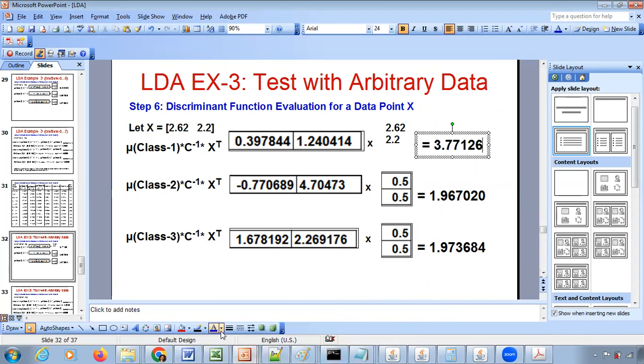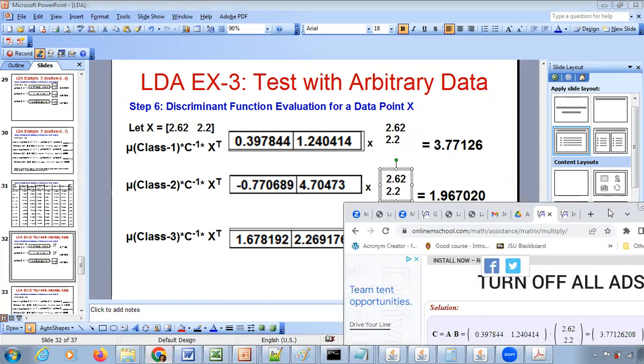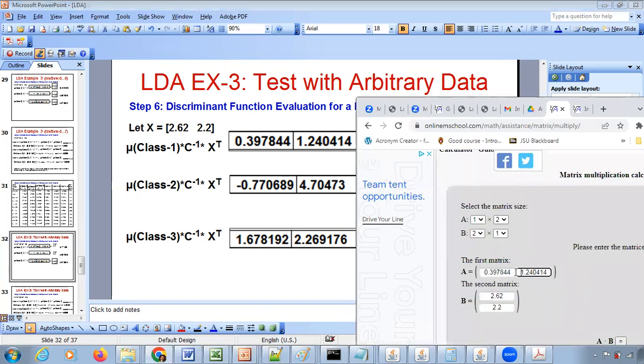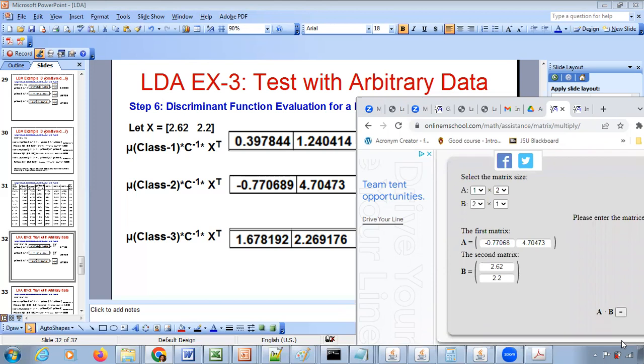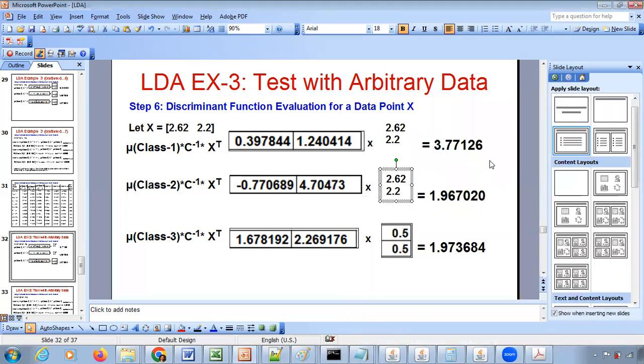Then for class 2, the row is negative 0.70689 and 4.70473, again with 2.62 and 2.2, and we get 8.3122.